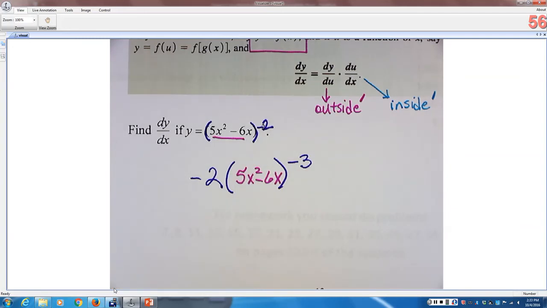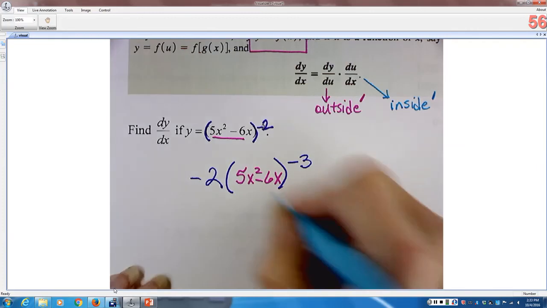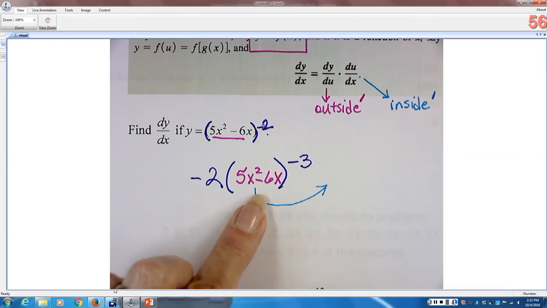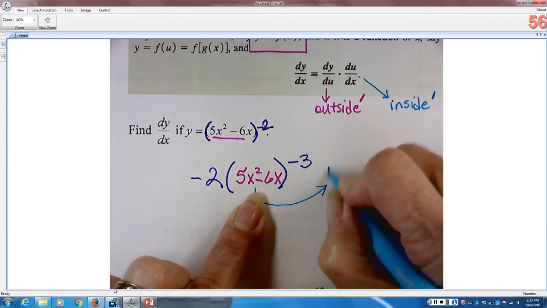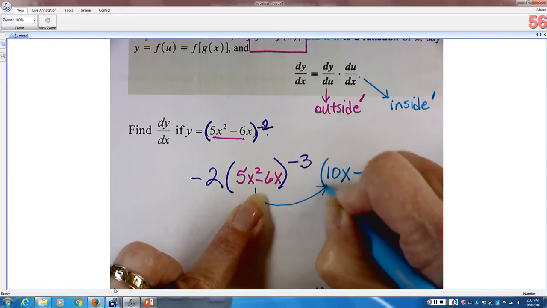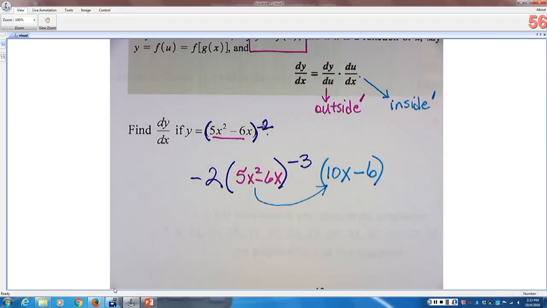Okay? Now, got one more step. Then I also link out, this is where the chain comes in, and take the derivative of what's inside. Okay?